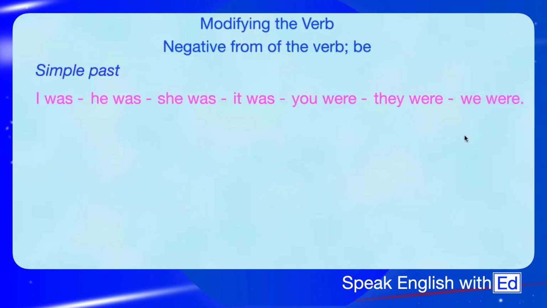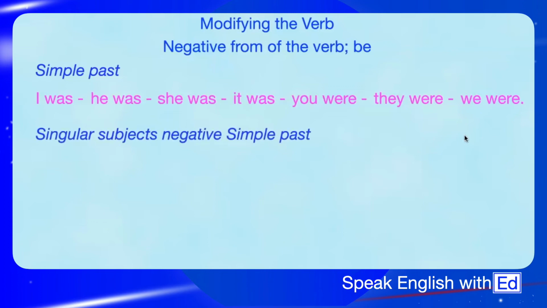So they are the past tense. And if we want to change these into the negative in the simple past tense, we need to add not after the verb. And this is the same for them all.